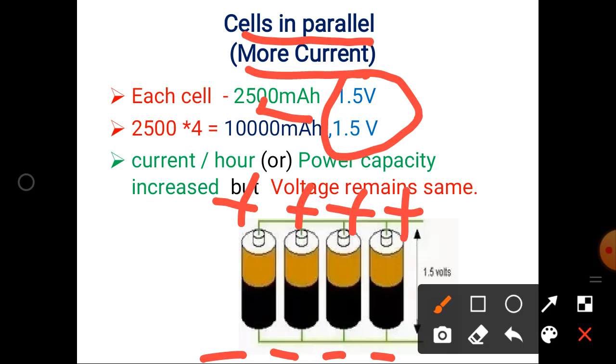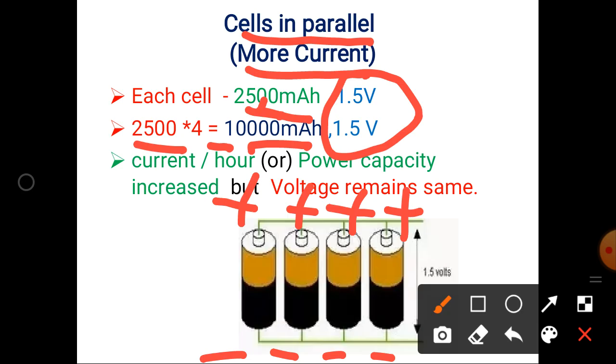So if the cells are connected like this, the parallel connection improves the current. The current rating is 2500 milliampere, and 4 cells are connected in parallel, so we multiply 4 into 2500, and it improves the power capacity to 10,000 milliampere hour, but the voltage remains constant.